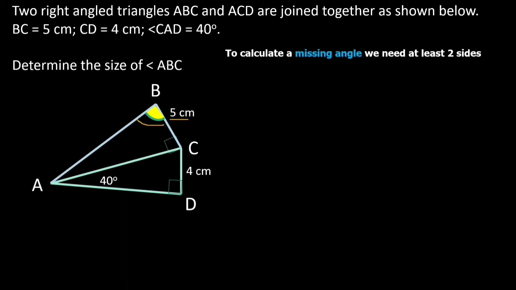If you look at triangle ACD, AC is the hypotenuse and CD looks like it's the opposite side. So we can use the sine relationship in triangle ACD to calculate side AC. So let's determine side AC by using the sine of theta. At this stage, I'm sure you can do that.